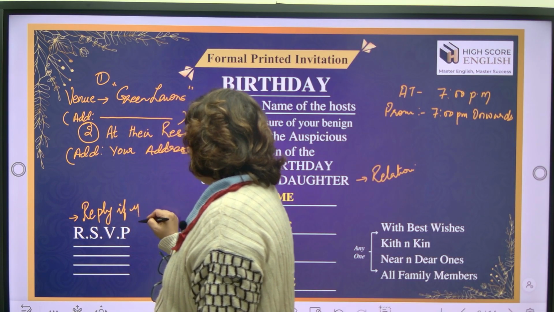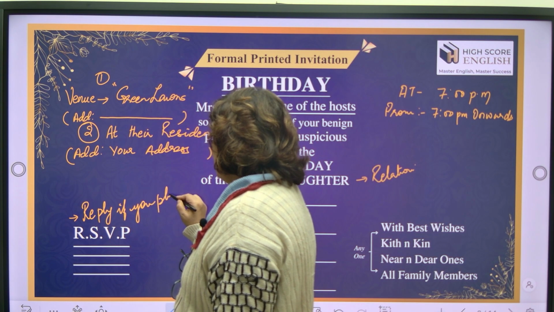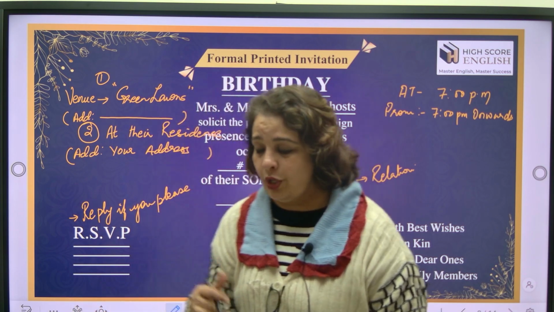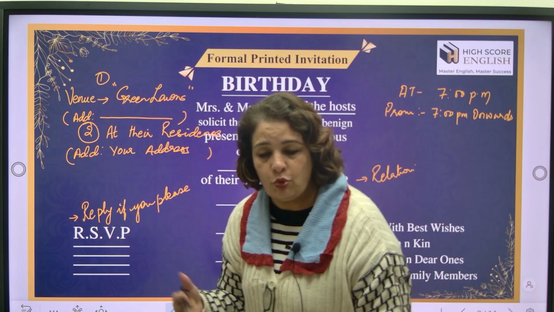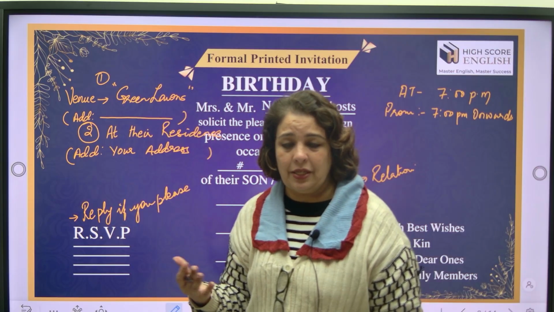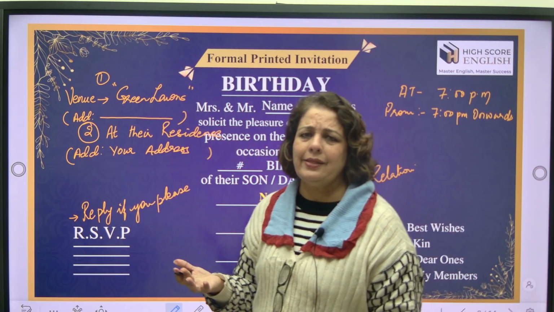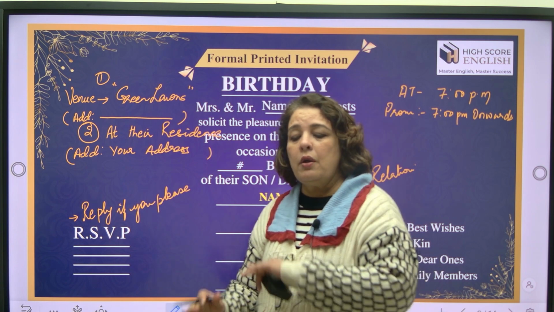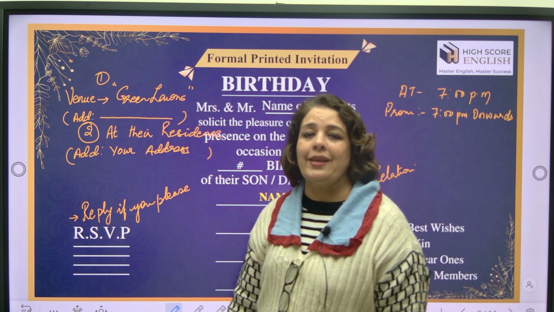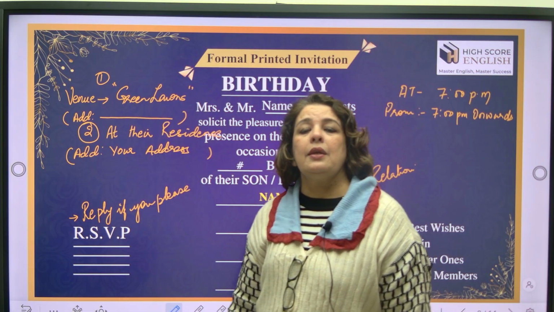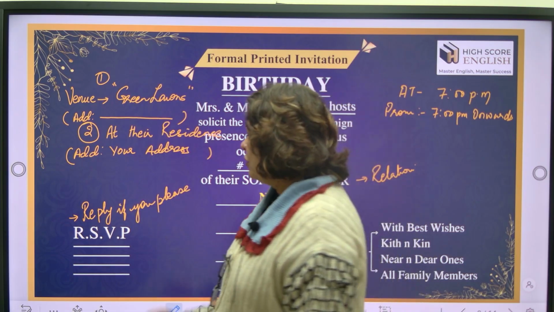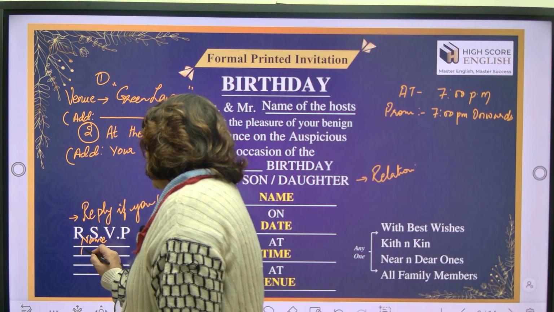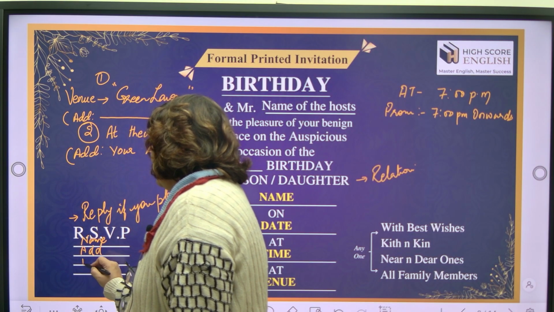Reply if you please means whatever further information you need to have for this particular function, or maybe you have to send some goodies, some gifts, or you need to know something else, then this is the concerned person who has been designated with the complete information to brief the guests, with the address, the phone number. Okay, so here you will write the name of a person, then you will write the address and the phone number.